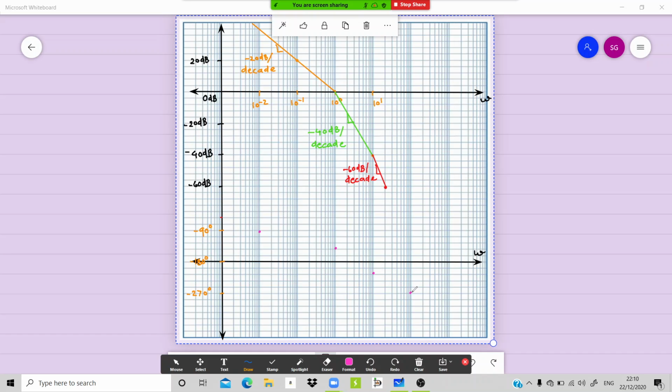Correct? 263, sorry, 263. Just a minute. 252, so 263 will be somewhere in between. And this point is 10 raised to minus 2. See, for us, what is important? Where this thing is going to cut, and when it is crossing, where it is going to cut. So when you are going to get 180, that is very important.